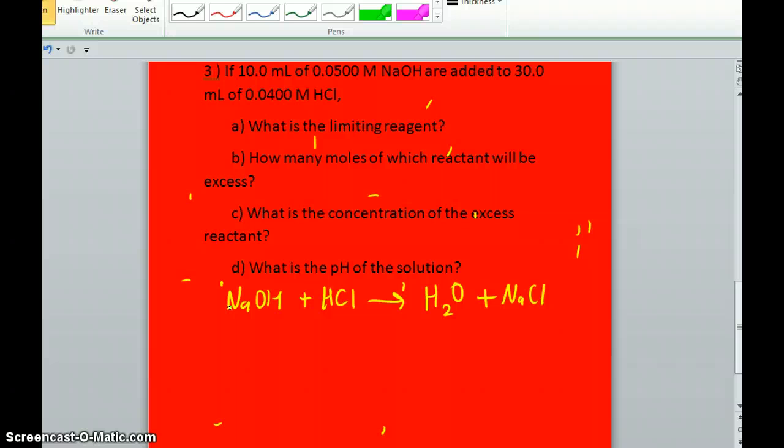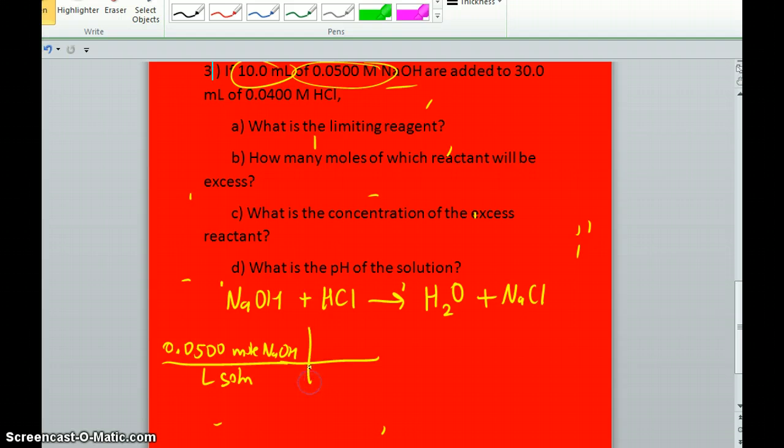So let's find who's limiting. Well, we need moles. And given a molarity and a volume, I've been given moles of sodium hydroxide. There are 0.0500 moles sodium hydroxide per liter solution. And we have 0.0100 liters of that solution, 10 milliliters.